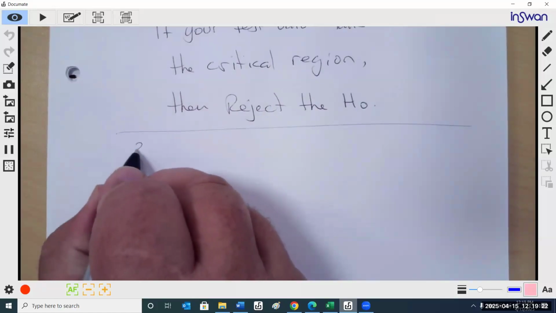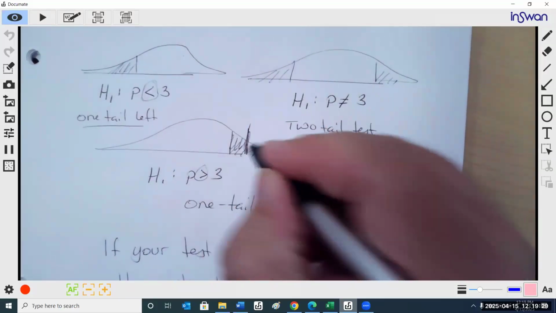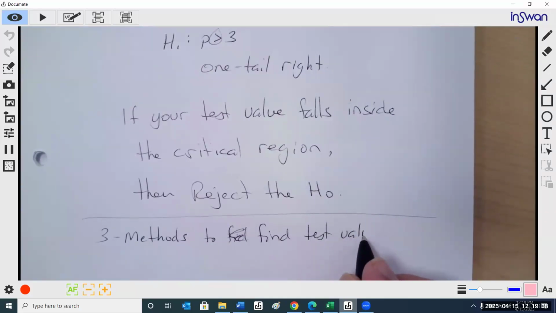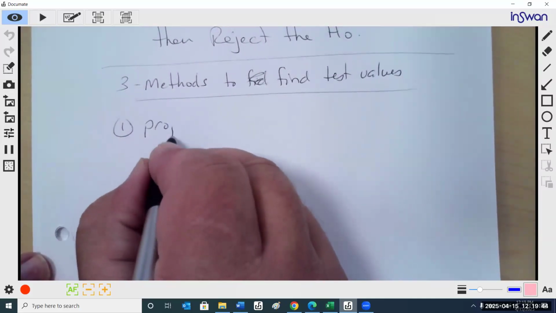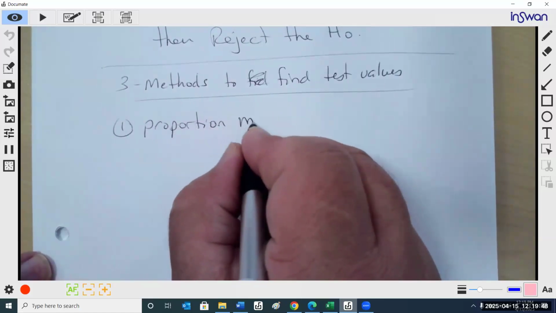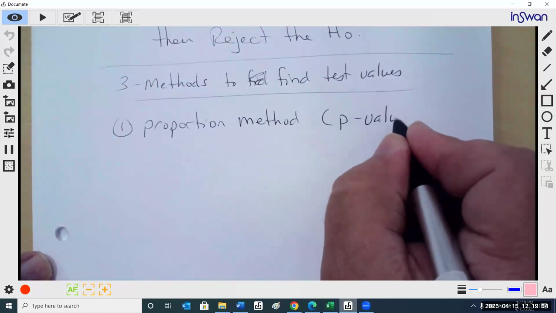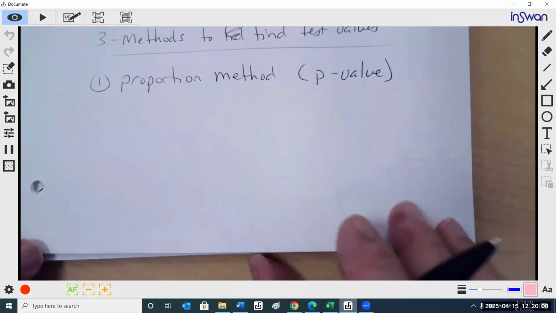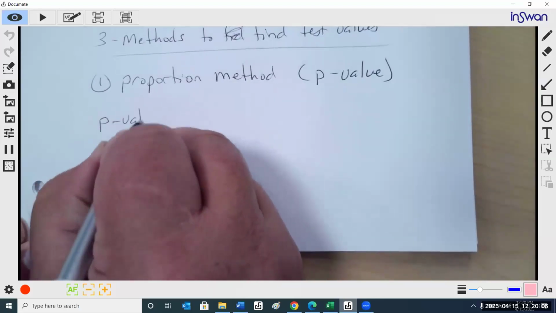So we have three methods. The first one is the proportion method, where you find a p-value. What is the p-value?